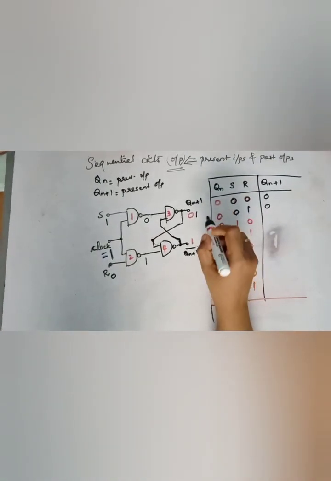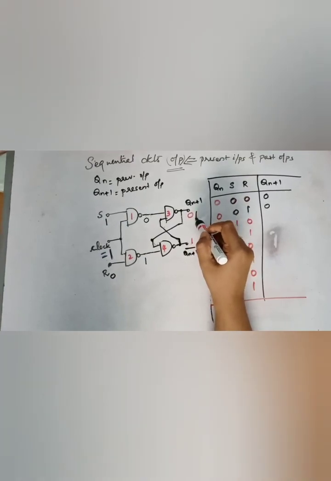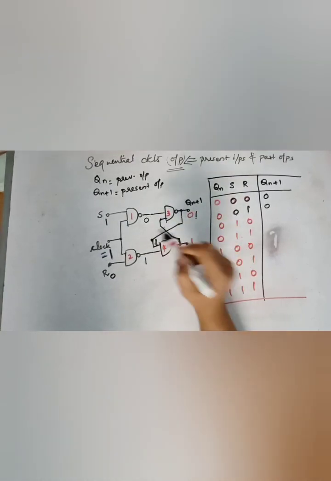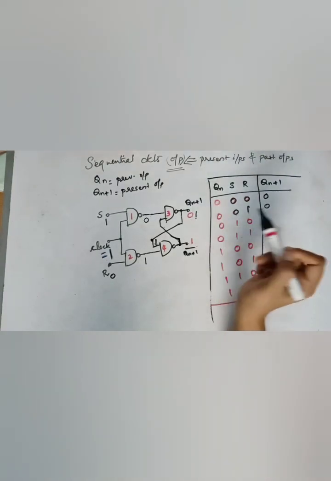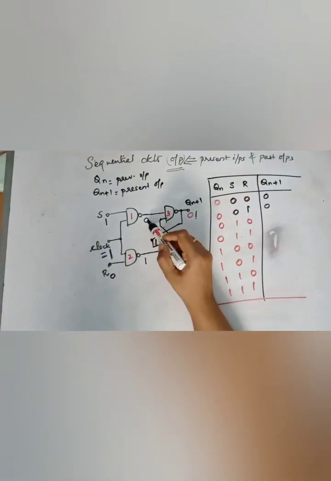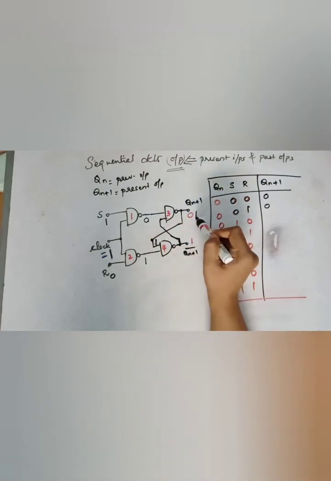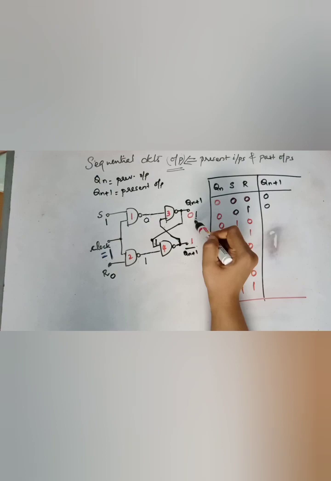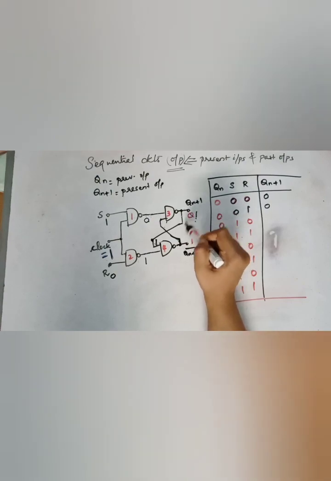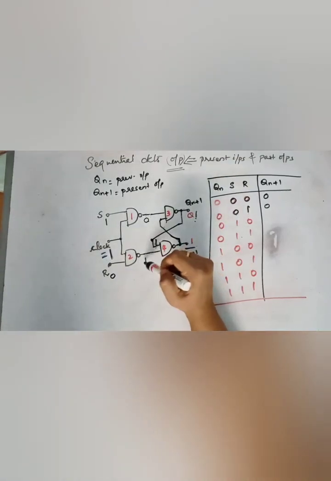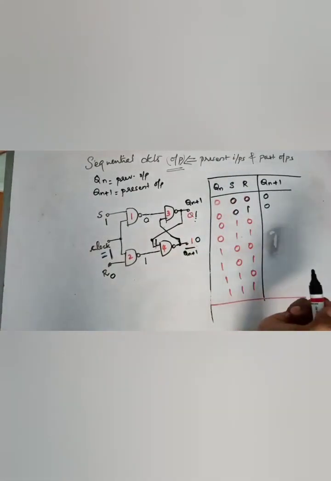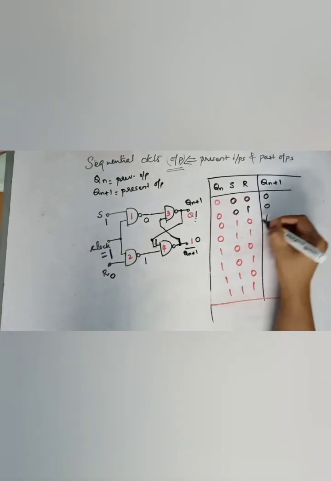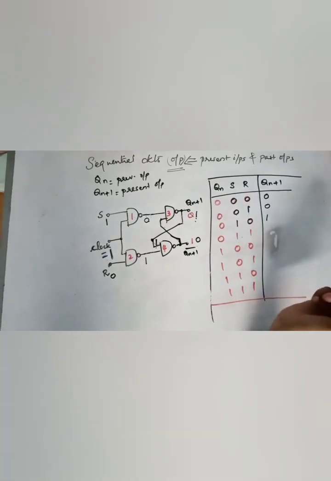And now what happens is, when Qn plus 1 becomes 1, that 1 will come here, not the previous 0. Because when this 0 comes up, the output of the logic gate 3 changes to 1. So you don't have this 0 anymore. So this 1 only will come here, and 1, 1, this will change to 0. So here it is 1, because Qn plus 1 is 1.